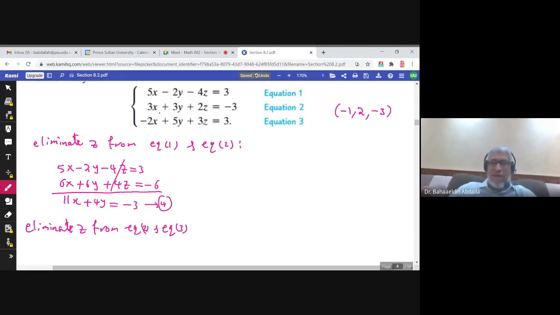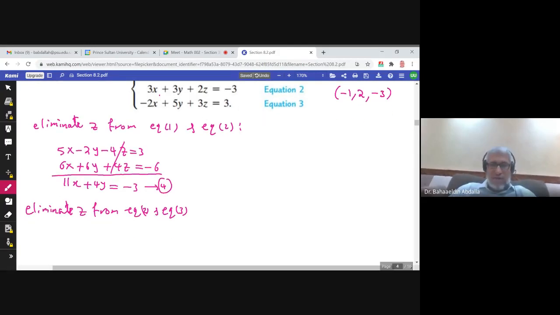So I will multiply equation 2 by -3. So I will have -9x, -9y, minus 6z equals 9. I'm multiplying equation 2 by -3.